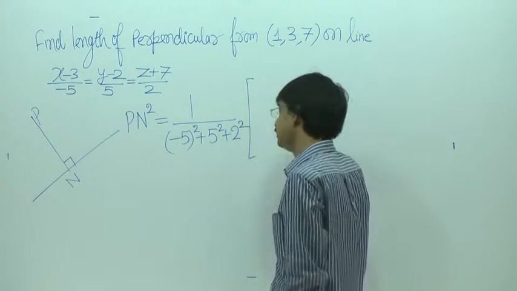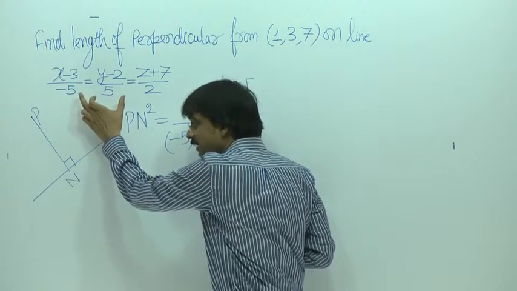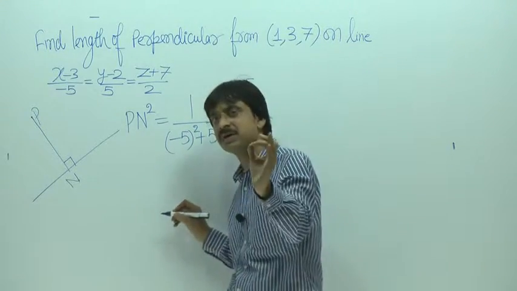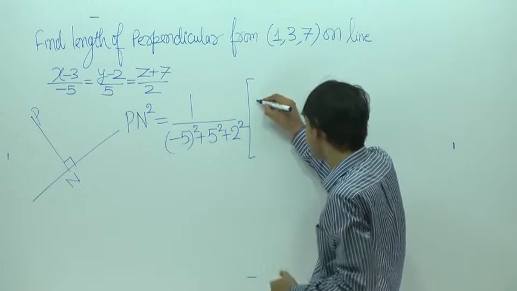And then the line which is given to you in the symmetric form, we are going to express it as a square of a determinant of order 2 by 2. Look how we are going to do this.